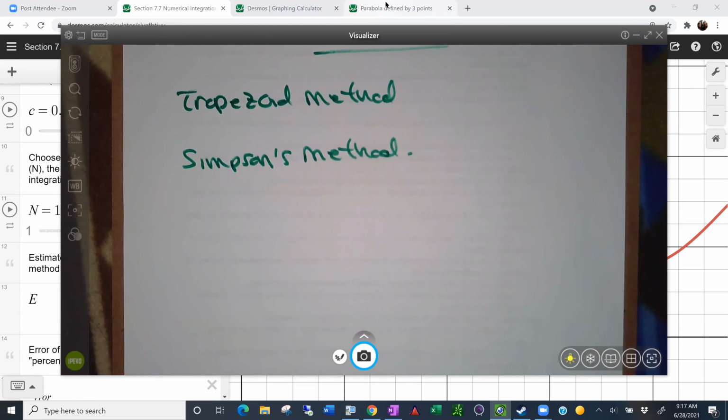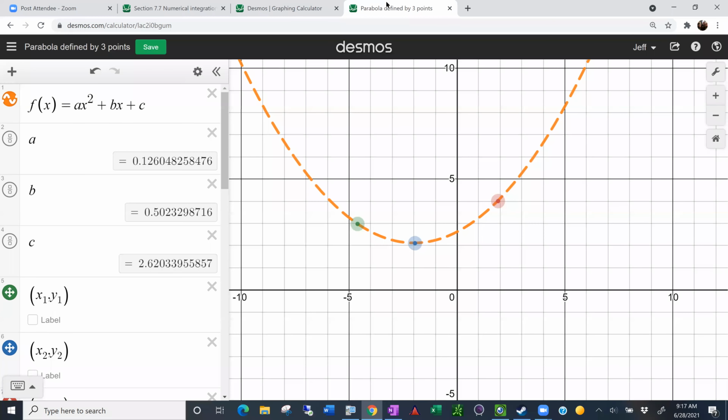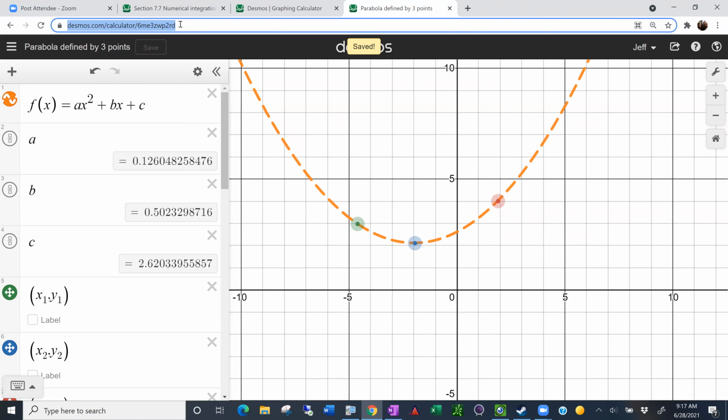Now, let me take a little step away from this for a second and look at 3 points. Everyone knows that 2 points determine a line, but are you aware that 3 points determine a parabola? In fact, if you wanted to play with this, I could share this link with you real quick through the chat.